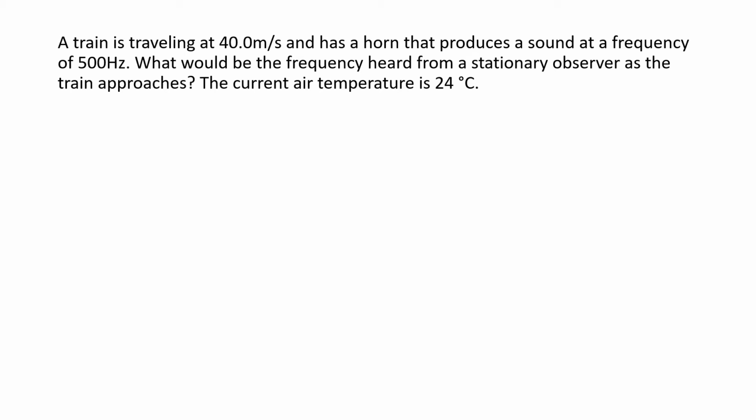So, first, we need to see what's the speed of sound in air at that temperature. That's the first thing we need to figure out. So how fast does the sound move? We need to know the velocity of the waves. All right, so velocity of a sound wave.